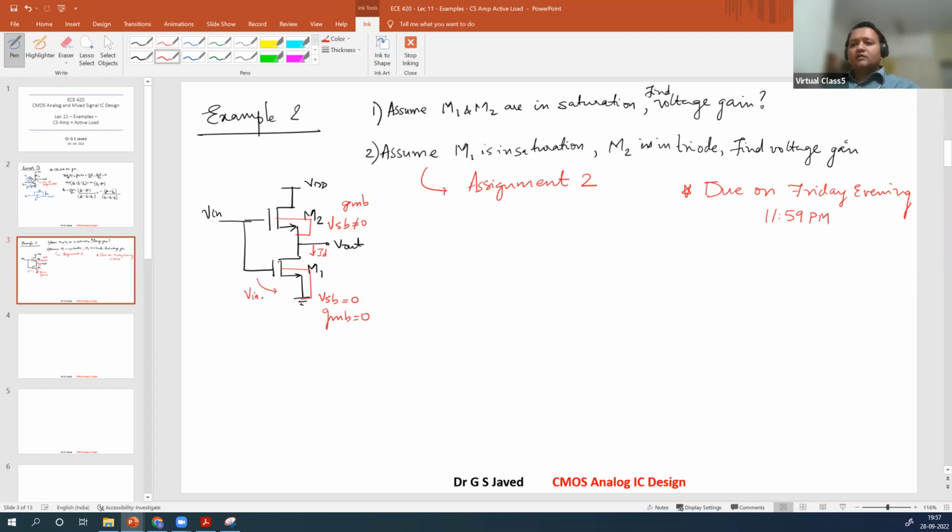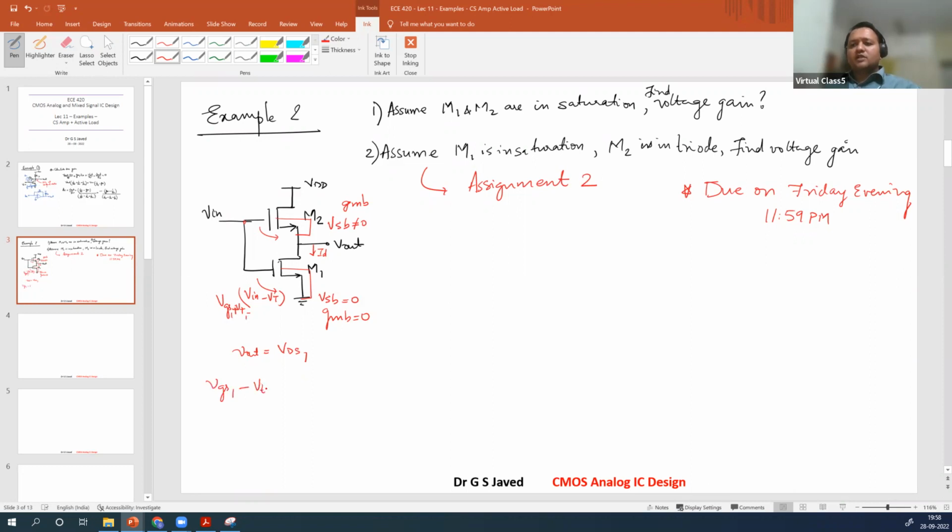V in minus VT, VGS minus VT. Here what is the VGS? This is V in. What is this value here? V out. V out is equal to VDS1, right? So V in, so this is VGS minus VT 1.